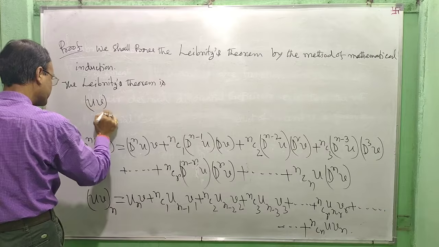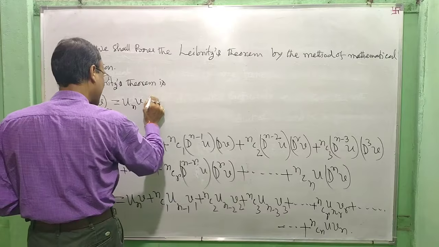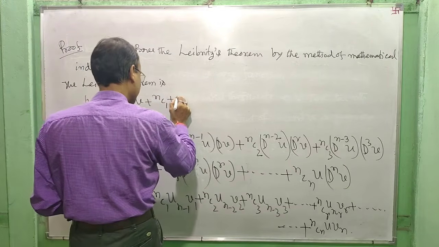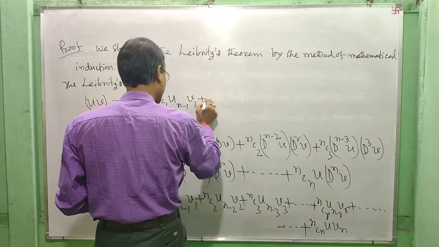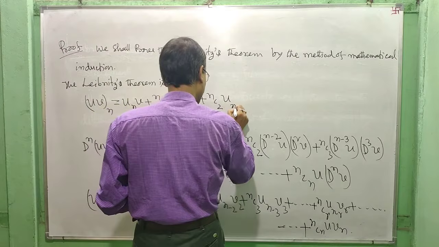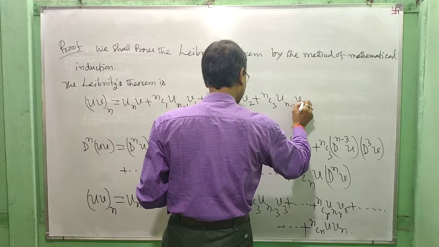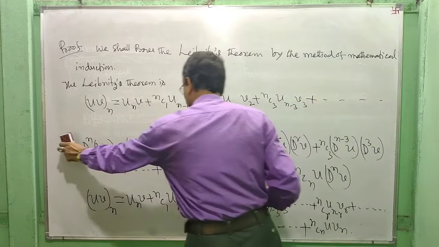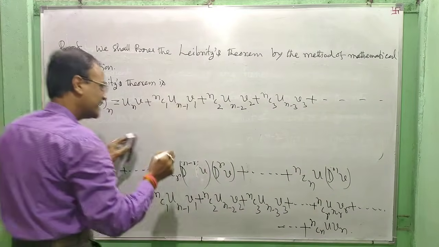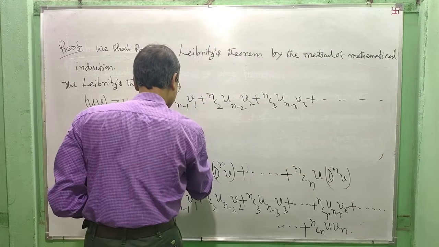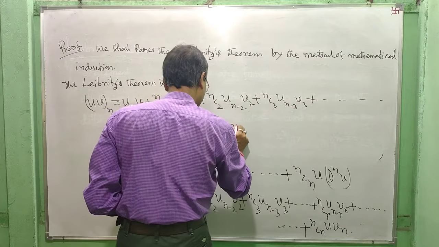The Leibniz theorem is (uv)n equal to u_n v plus nC1 u_(n-1) v1 plus nC2 u_(n-2) v2 plus nC3 u_(n-3) v3 plus, in this way, the rth term is nCr u_(n-r) v_r.